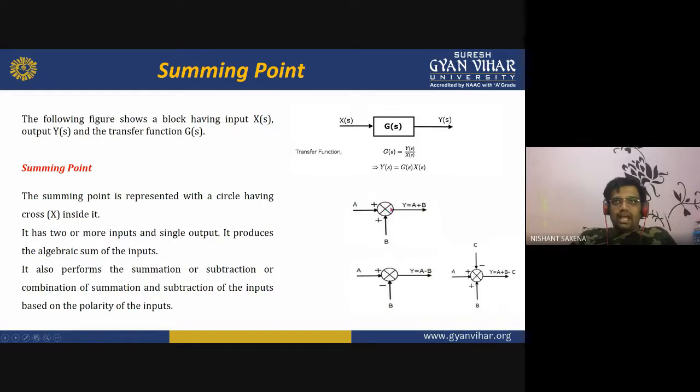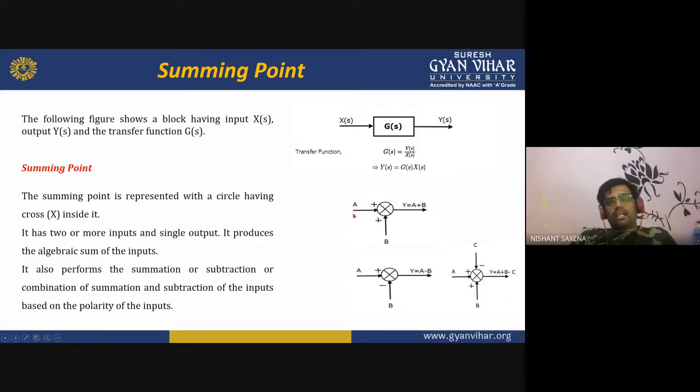That means we can have multiple inputs to this, where each section is an input, and there is one output from one section. If we have more than these, the block is still represented by this same symbol, a circle with a cross. So it has two or more inputs and one single output. It produces the algebraic sum of the inputs.